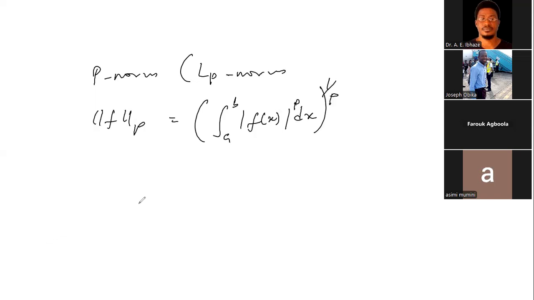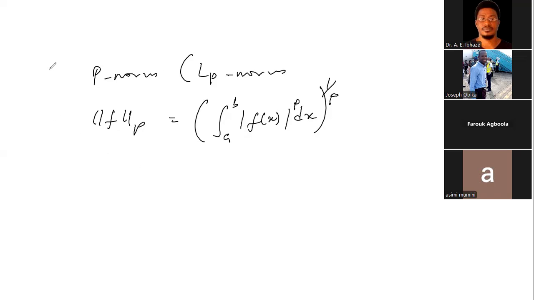So in this case, p is literally a positive real number, and f of x is the function being measured, and the domain of integration here is a to b. Okay. And you now know that the choice of p determines the specific norm used in the approximation.